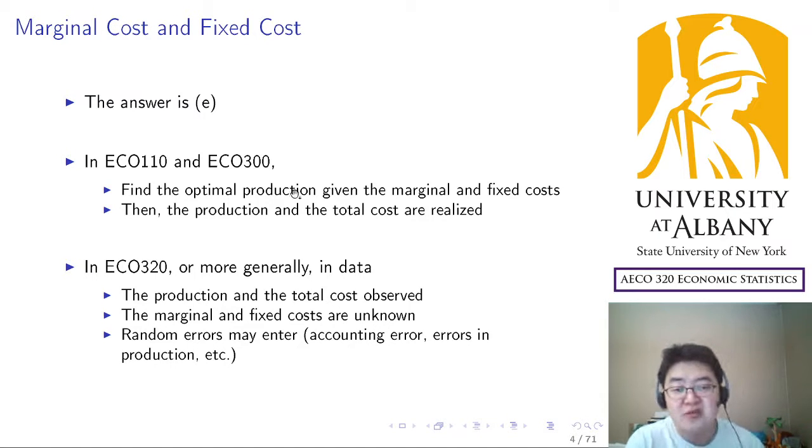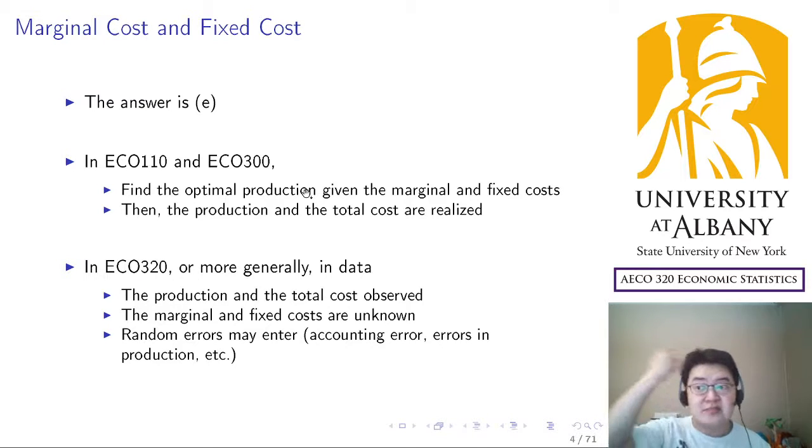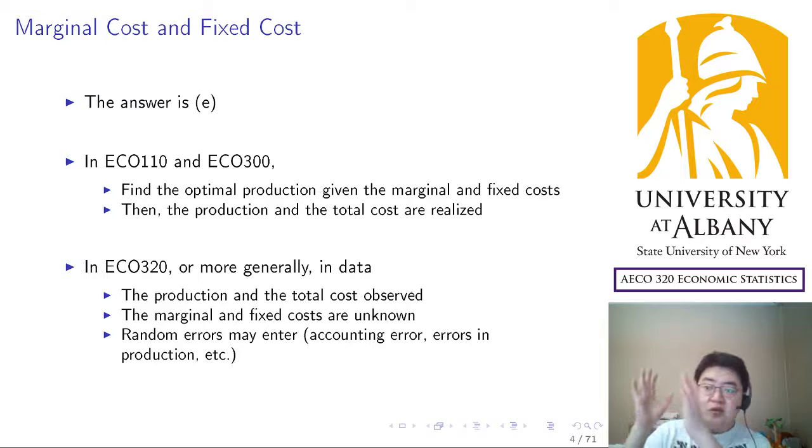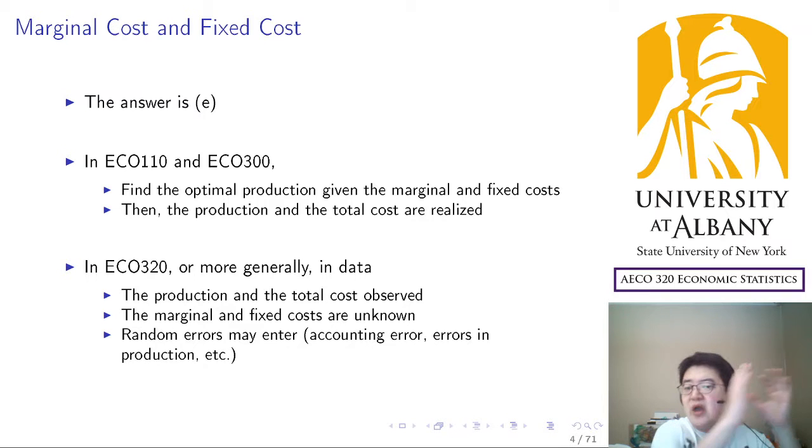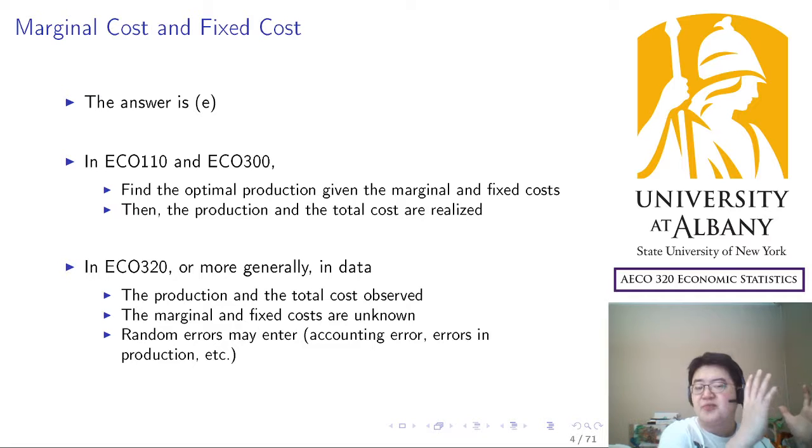What you observe is the production and the price, which is the result of the profit maximization problem. So using the cost function, the supplier maximizes her profit. As a result, the quantity and price are realized.